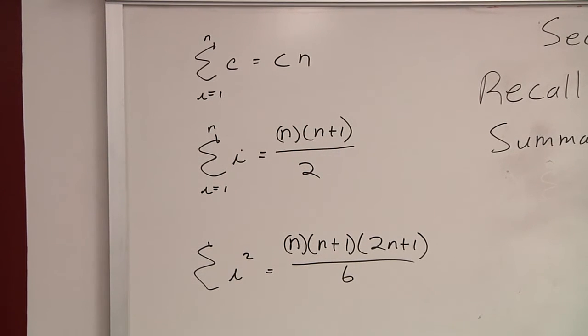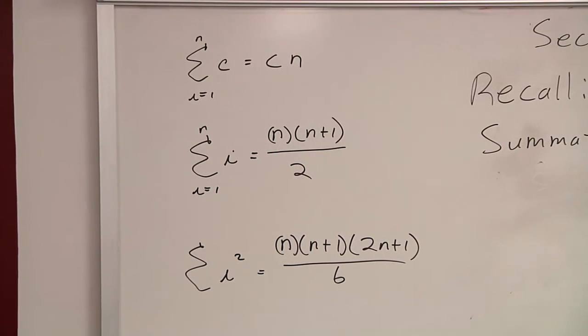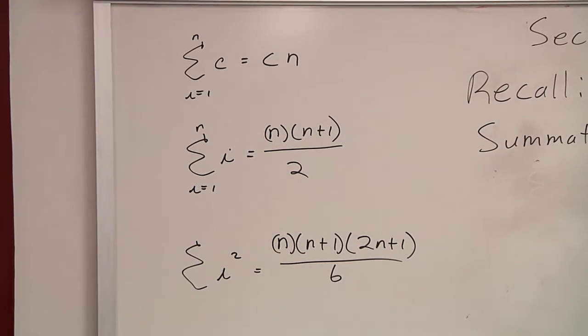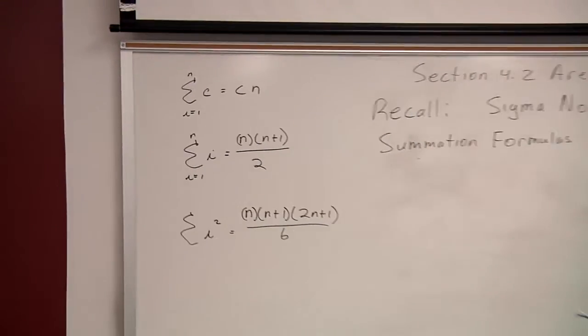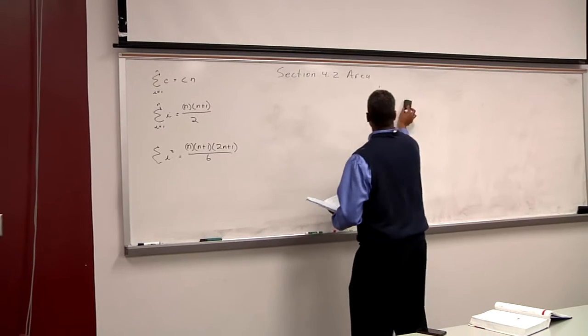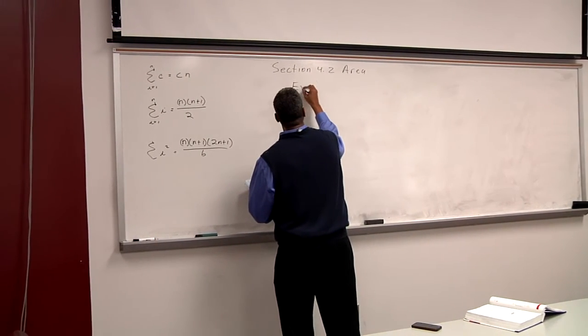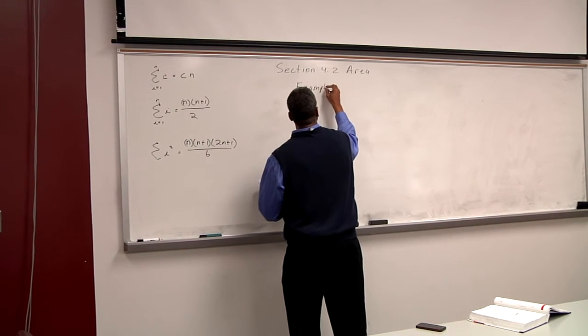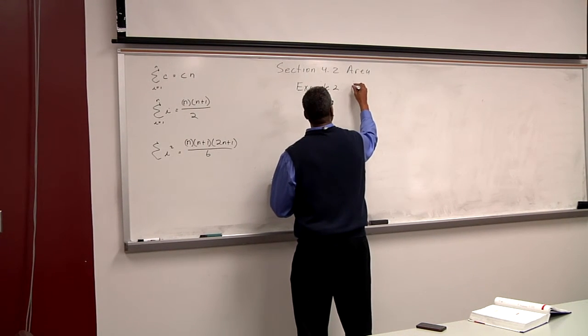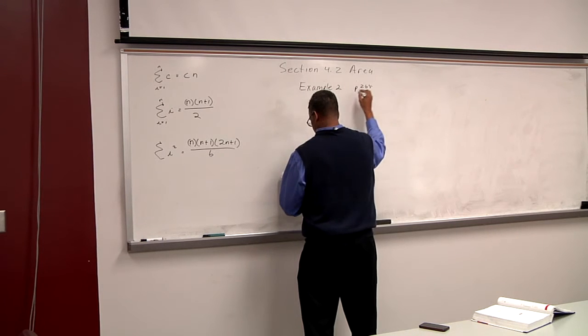Okay, so this is example 2 in your textbook. It's on page 265. So let's make some more room here. So this is example 2, and this is on page 265 in your text.